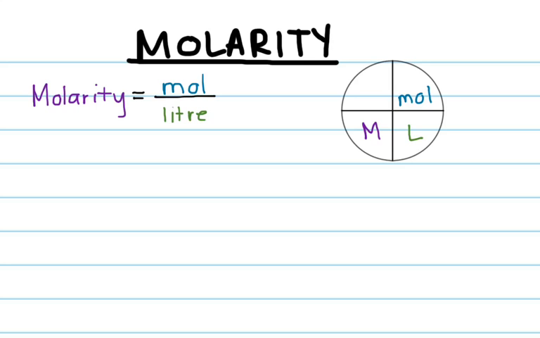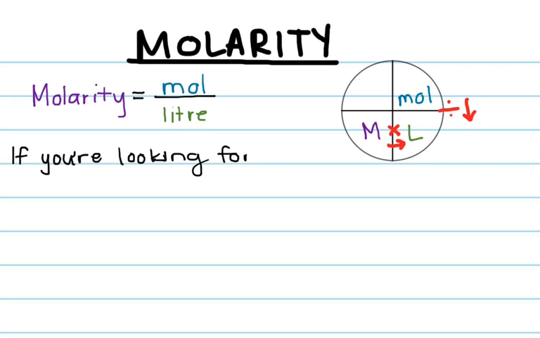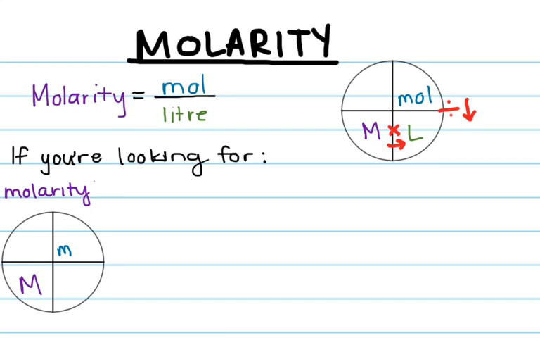Now, just like we did with the dimensional analysis, you're going to multiply across and divide down using the circle. So, for example, if you're looking for molarity, you would draw your circle, fill it in, and then cover up the M. What's left is moles divided by liters.